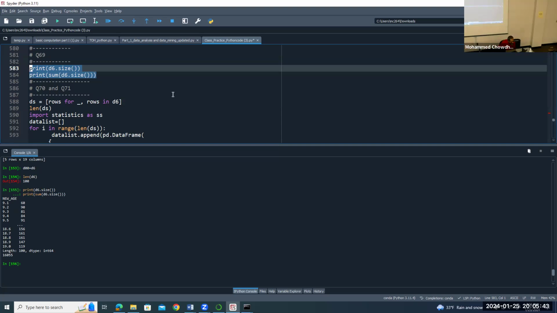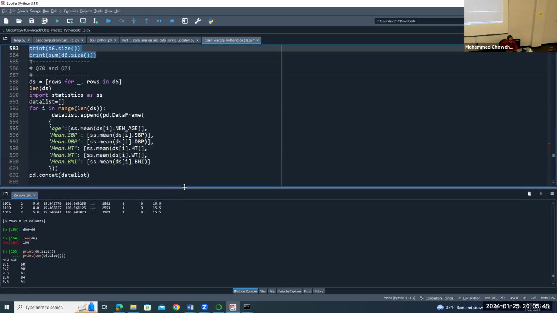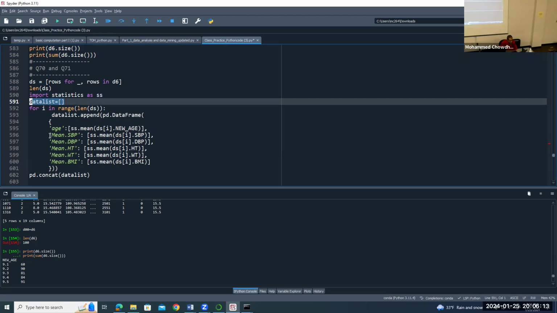Okay, now this part is called the single loop, or for loop, questions 70 and 71. Take a look: for underscore rows in D6, that means each row in D6, and D6 has a length. Import statistics as SS. Data list: I just name it as an empty list because after computing all of those things, the results should be added in there.